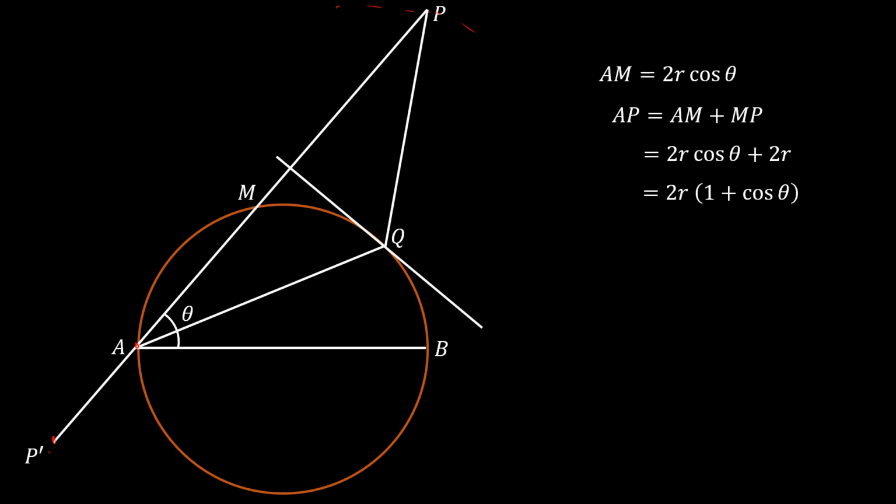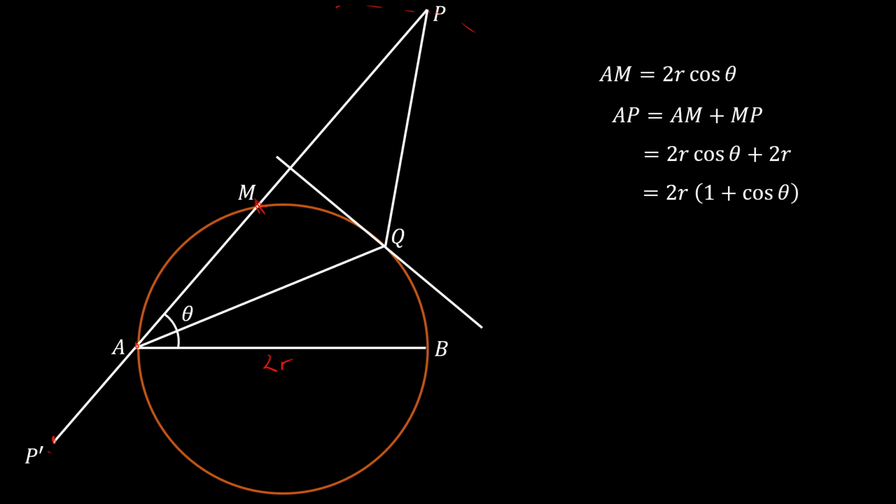We know that AM, where M is the midpoint of P prime, is 2R cosine theta.